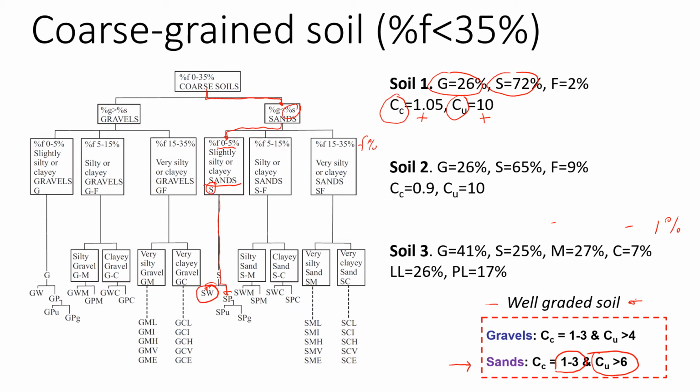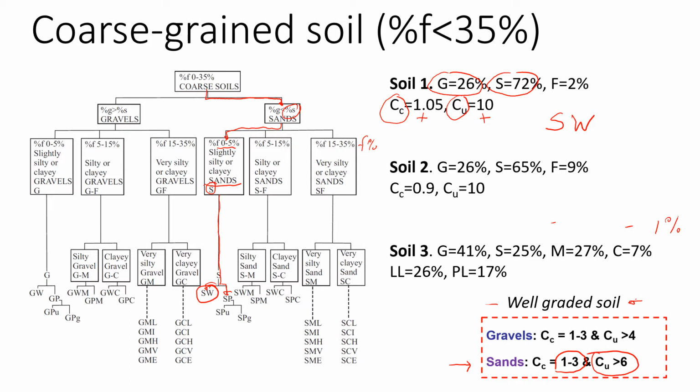In the end, we're going to write that it's soil well-graded. So S means sand, and W means well-graded. So that's the answer that you need to produce if you work on soil which is similar to soil 1.